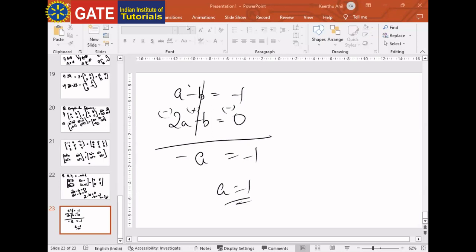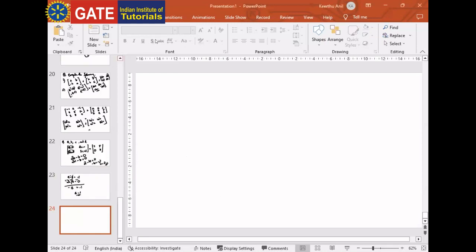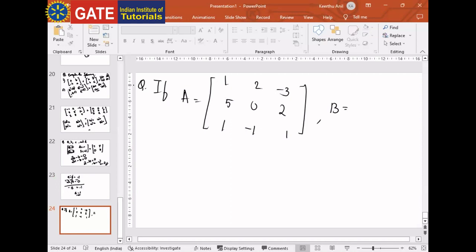And you can do one question as homework. Okay, you can write this question, homework question. If A equals matrix 1, 2, minus 3, 5, 0, 2, 1, minus 1, 1, B equals 3, minus 1, 2, 4, 2, 5, 2, 0, 3.